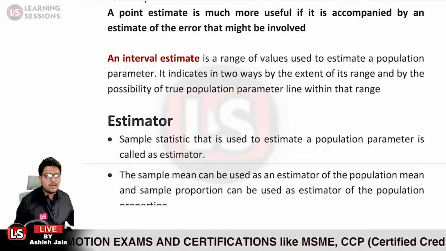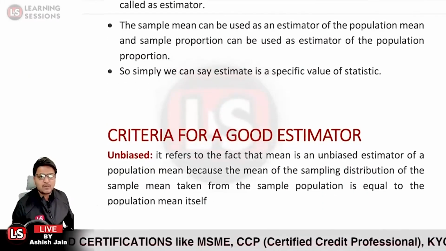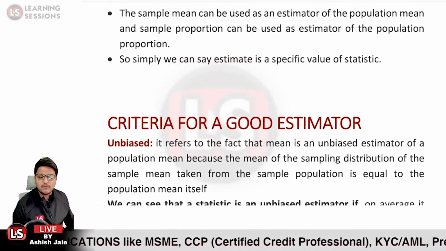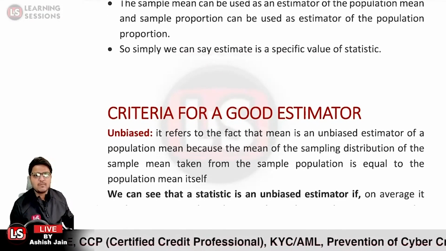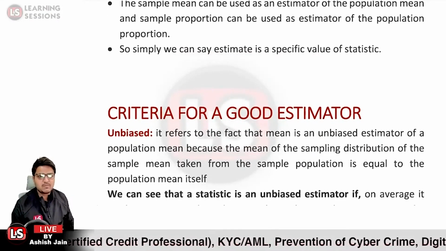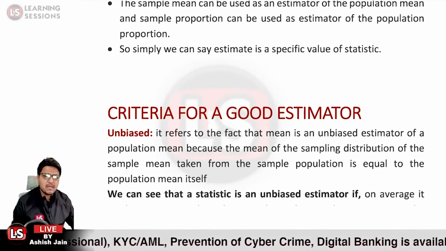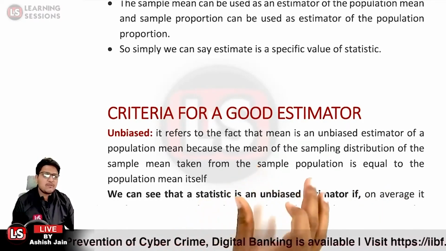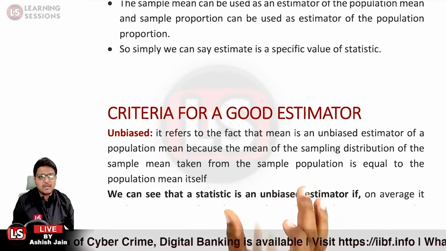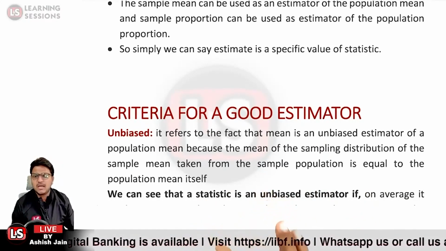Now let's move further to the criteria for a good estimator, the characteristics of a good estimator. First of all, it must be unbiased. The sample mean is an unbiased estimator of the population mean, because the mean of the sampling distribution of the sample mean is equal to the population mean itself.